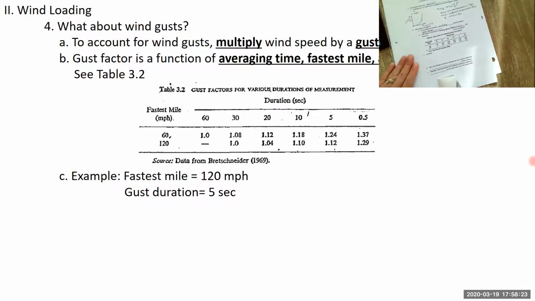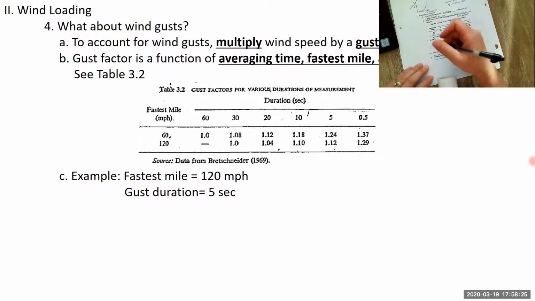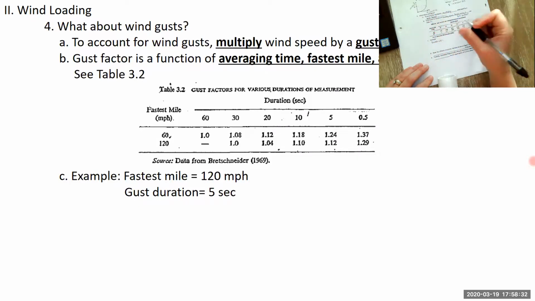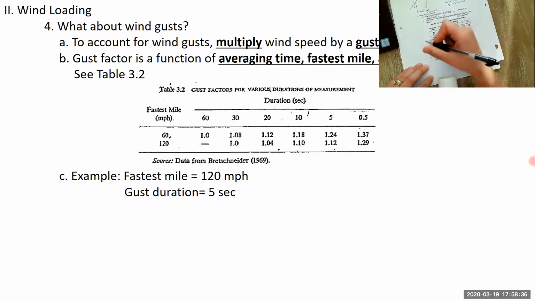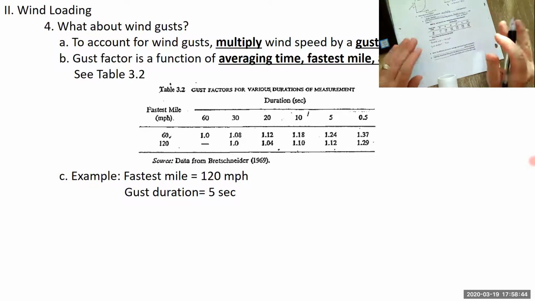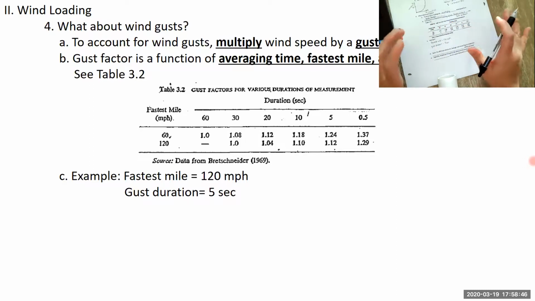So for example, if the fastest mile of wind, or the wind speed, was reported to be 120 miles per hour, and my gust duration was 5 seconds long, go ahead and go into table 3.2 and write down what you think the gust factor would be. I'll come back in about 10 seconds.